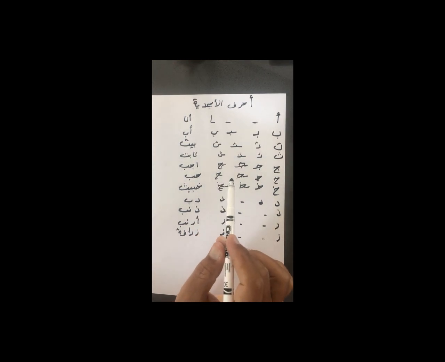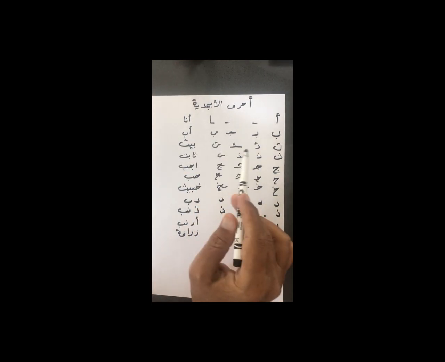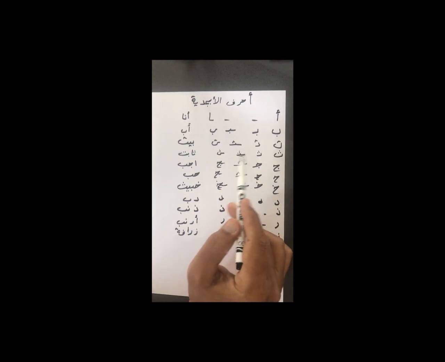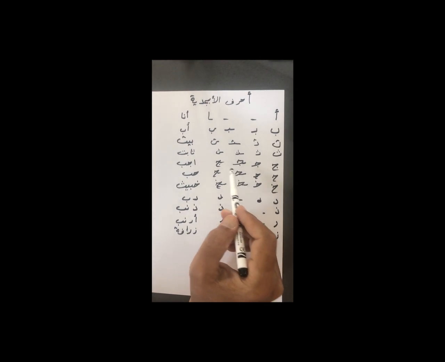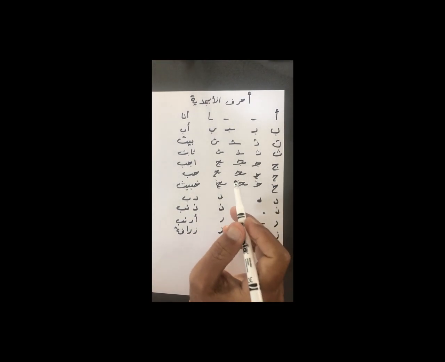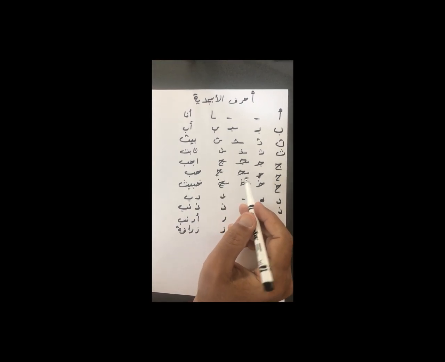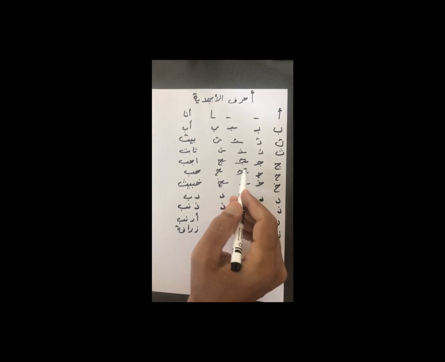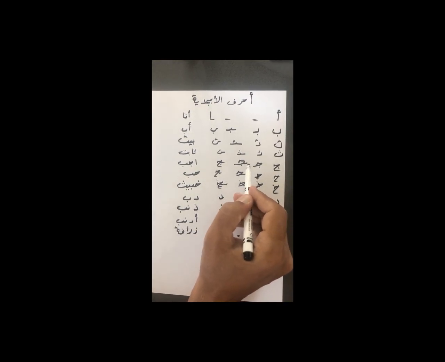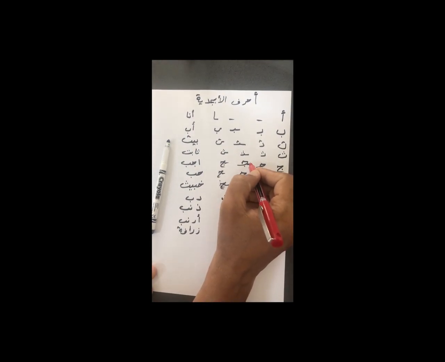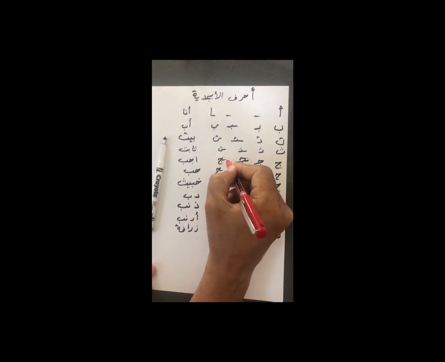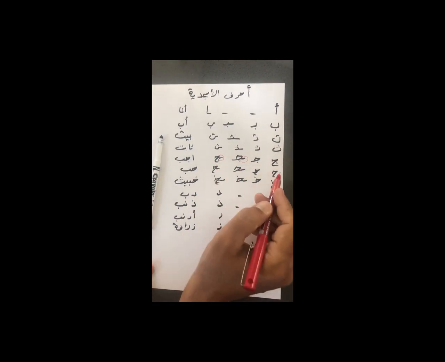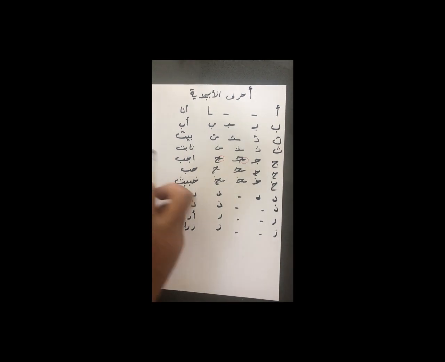So bear in mind, you don't have to remember initial, medial, and so on. Just remember the beginning, the middle of the word, and the end of the word, and how it will be positioned in the word. Bear in mind, this section of the letter is not included in the letter. It's just a liaison. With this one, you are making the liaison with the other letter.